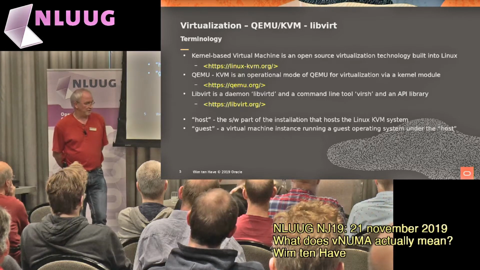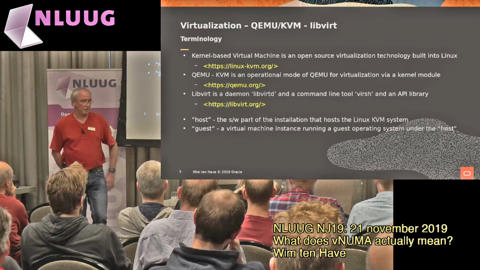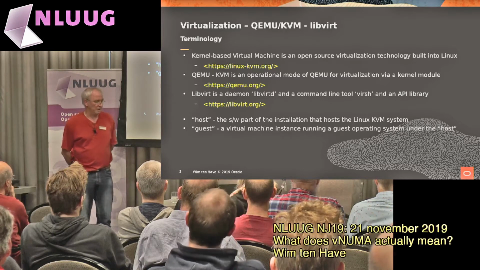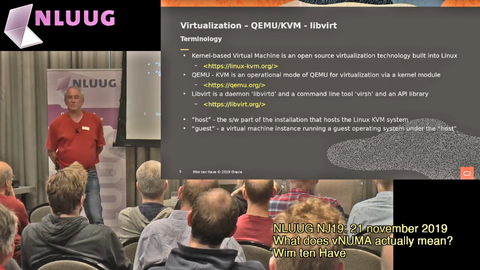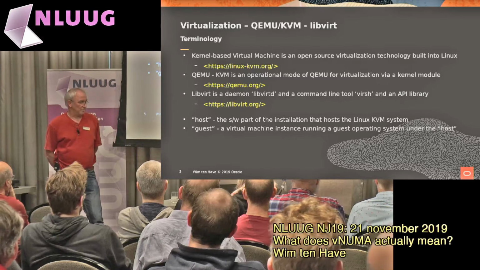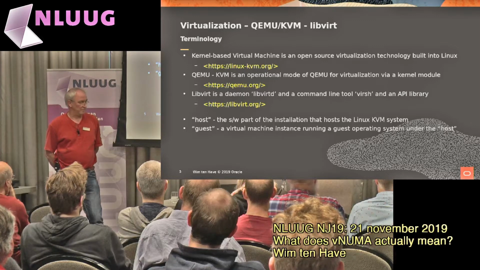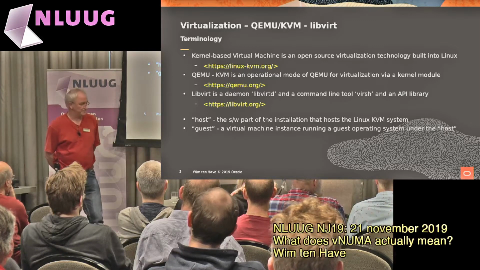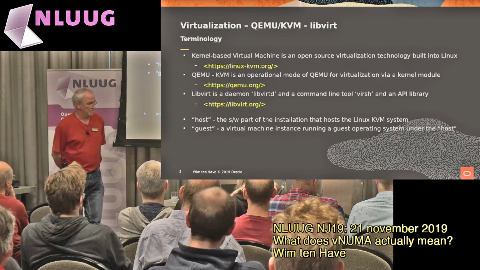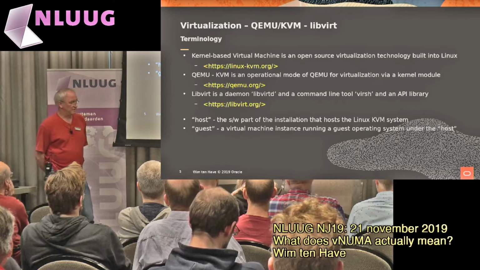And Libvirt, the component I'd like to talk about, is an agent or a management infrastructure to partition hosts, to manage the guests, and all kinds of things specific to that guest.